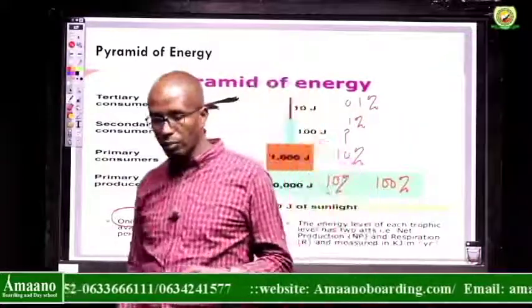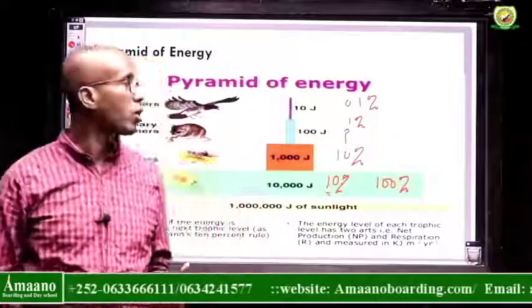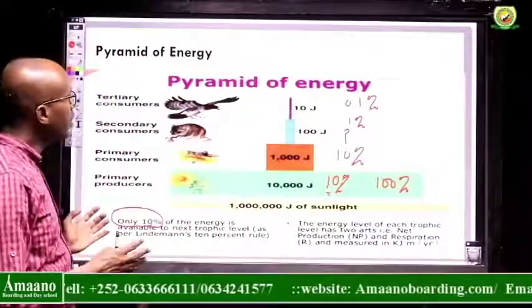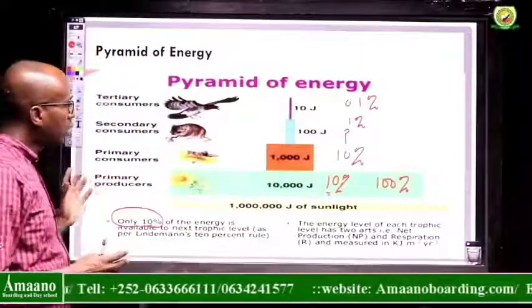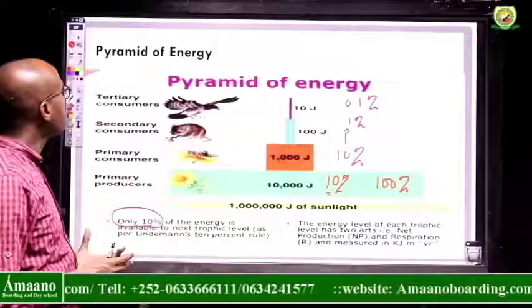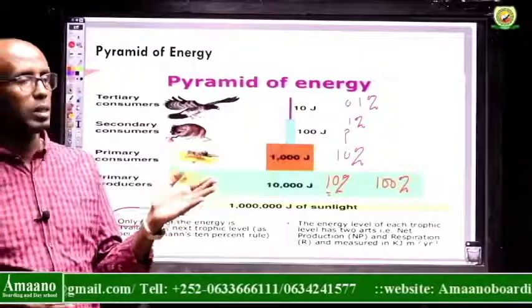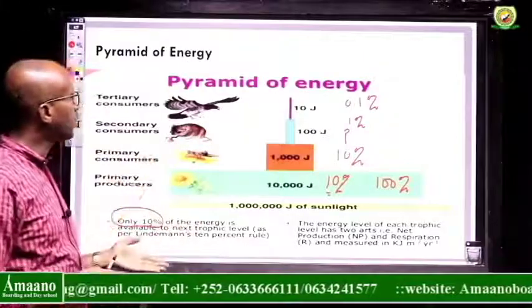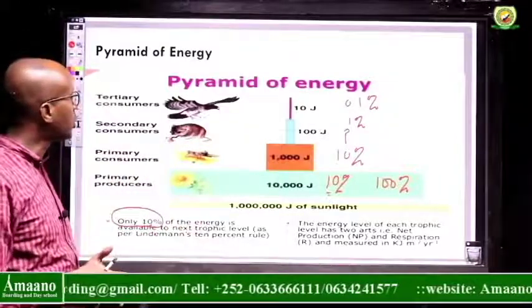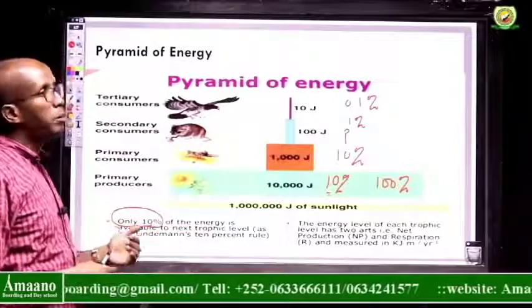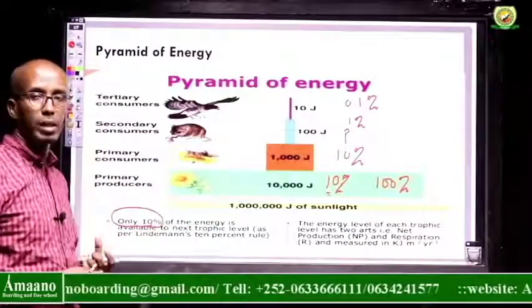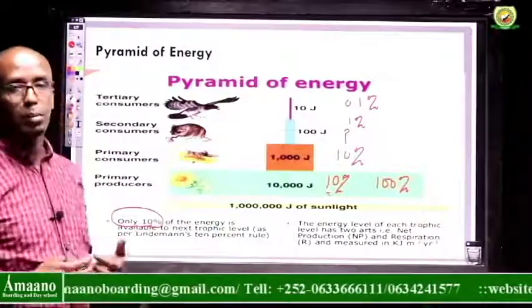So let me please conclude the lesson. Each pyramid has some advantages and some disadvantages. The pyramid of number has an advantage: it is a very simple method to draw.